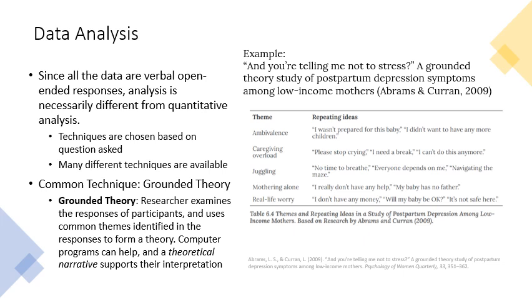"I really don't have any help. My baby has no father." So this feeling of isolation, and then real life worry. "I don't have any money. Will my baby be okay? It's not safe here." Oh my gosh. So really some painful themes emerging from this narrative about the lived experience and postpartum depression in low-income mothers.